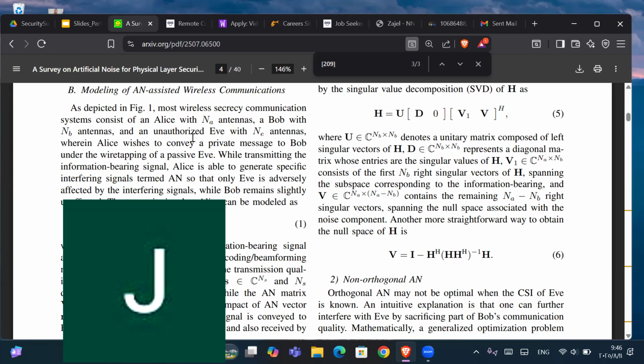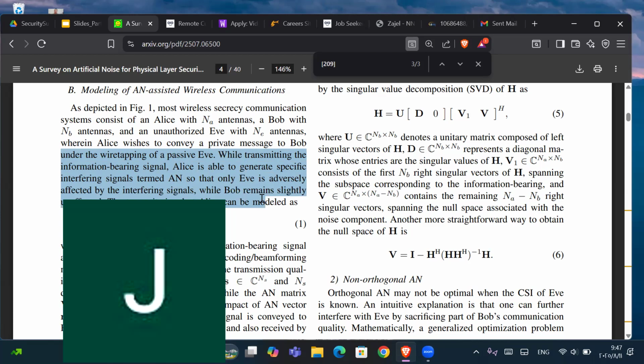Alice wants to convey a private message to Bob under the wiretapping of a passive Eve. While transmitting the information-bearing signal, Alice is able to generate a specific interfering signal term called artificial noise, AN, so that only Eve is adversely affected by the interfering signal, while Bob remains unaffected, as we just explained before.